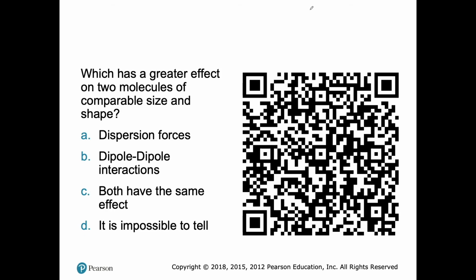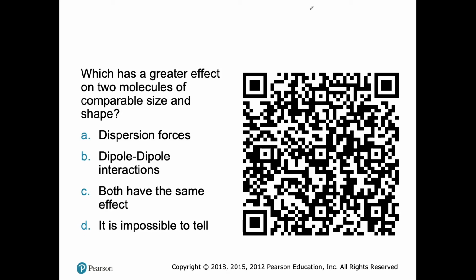But if one molecule is much larger than the other molecule, then dispersion forces will likely be the dominating force. Everybody get that? So comparable size, dipole-dipole. Two different sizes, dispersion force.